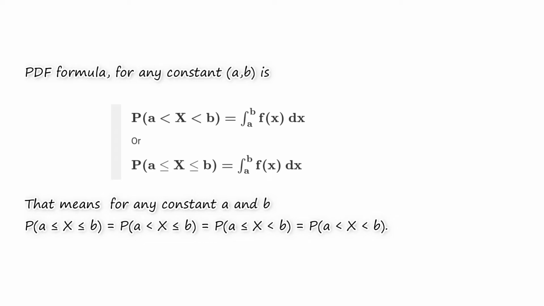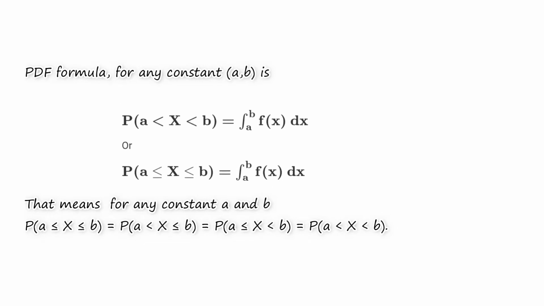For any constants a, b, P(a < x < b) equals the integral from a to b of f(s) ds, or P(a ≤ x ≤ b) equals the integral from a to b of f(s) ds.